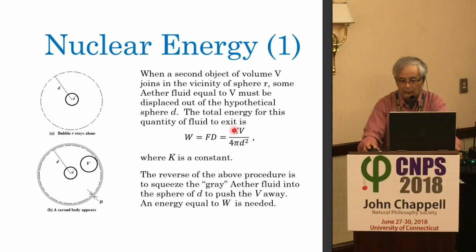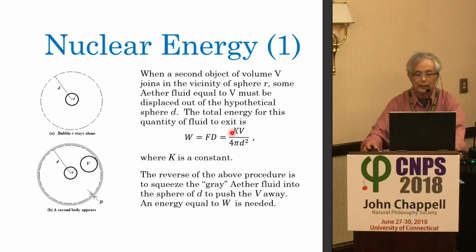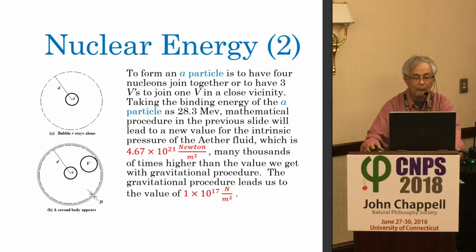Decay is constant, and y is constant. I explained it this morning. This V is just the volume of this particle. 4 pi d squared is the surface of this sphere. With this setup, we calculated the intrinsic pressure of the ether should be this value.